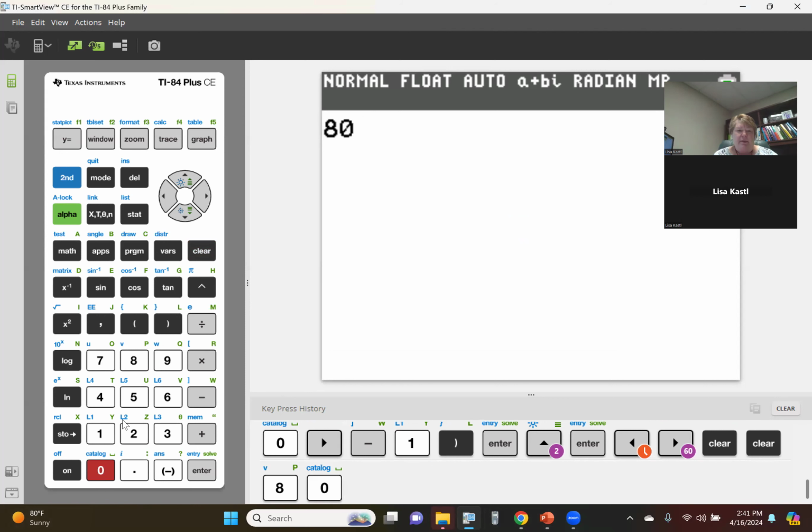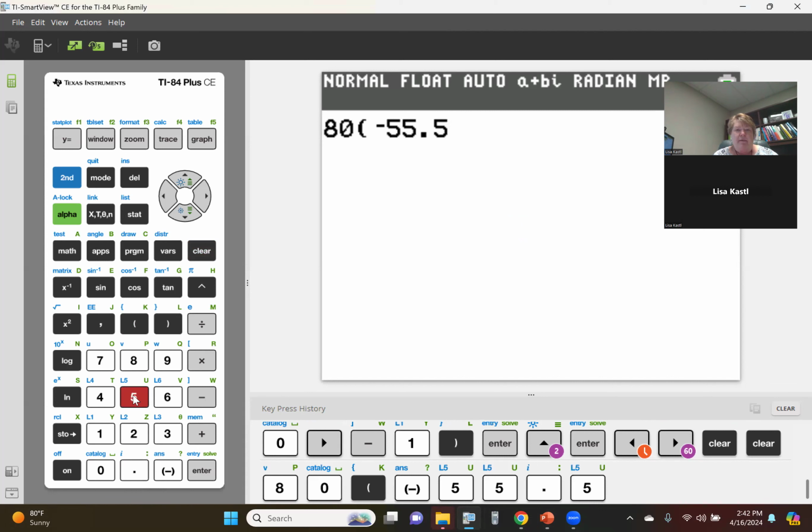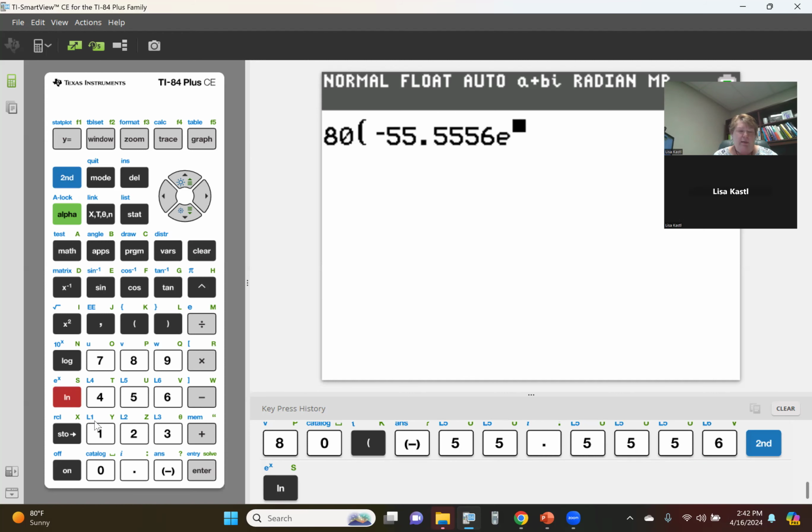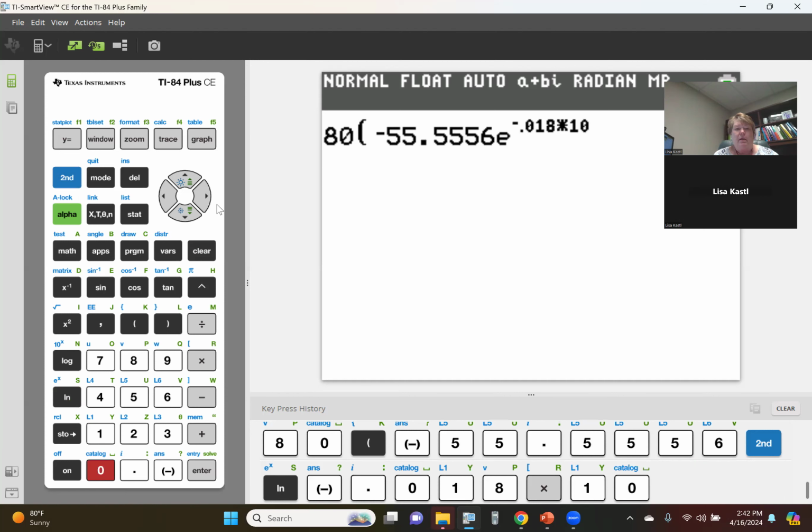So 80 times, I'm going to use some parentheses, negative 55.5556 times e, second natural log, e to the minus 0.018 times 10. I'm going to arrow out of that exponent, close those parentheses.